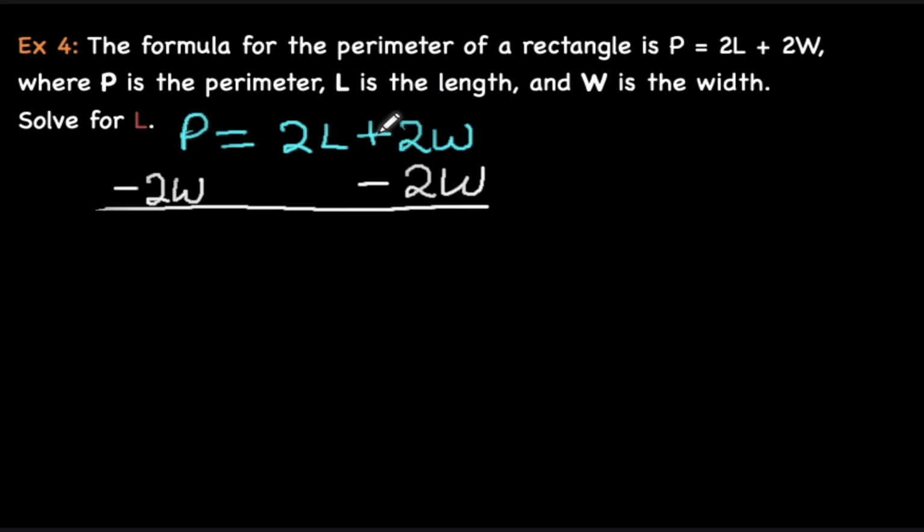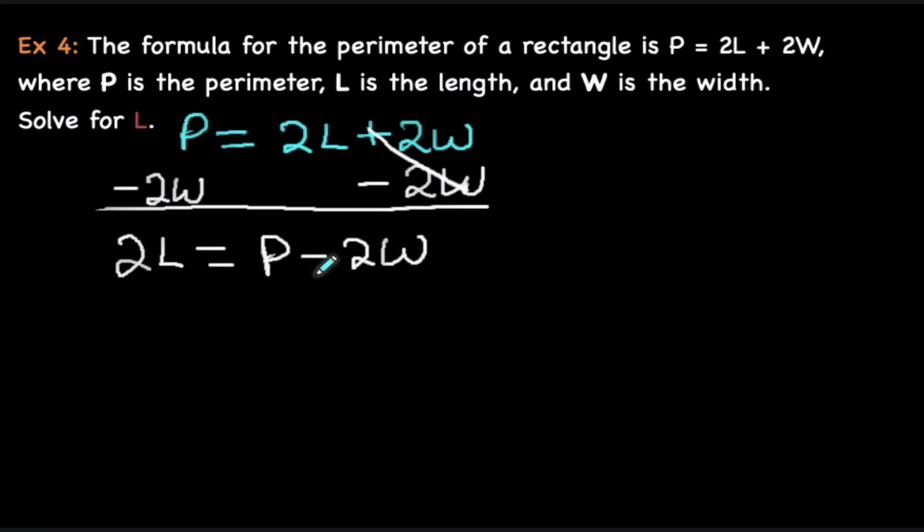Okay, so the plus 2W minus 2W cancels. So let's rewrite this to where 2L is on the left side of the equal sign. So we have 2L is equal to P minus 2W. So we still need to isolate the L, so we need to get rid of the 2 by dividing by 2 on both sides.